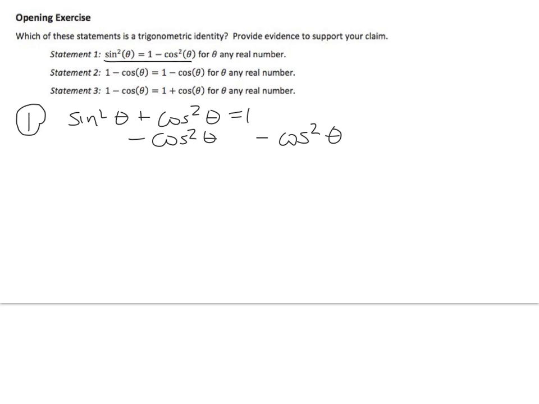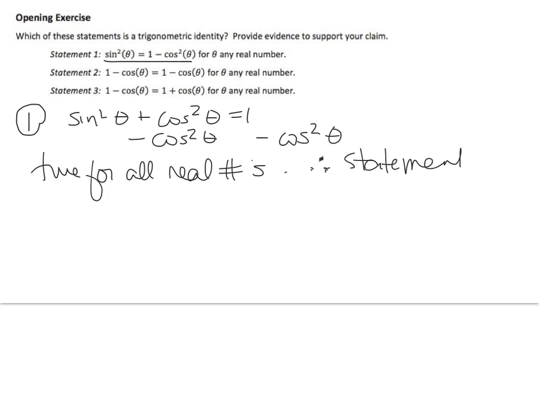So the Pythagorean identity is true for all real numbers. Therefore, statement 1 is an identity.